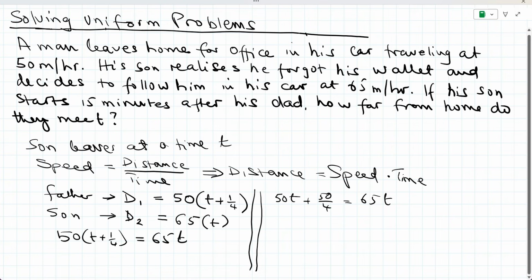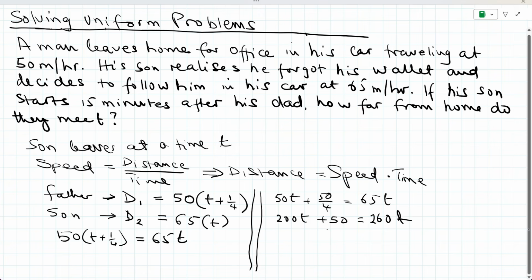So we can then get rid of the denominator here by multiplying everywhere by 4. So this will be 200t plus 50 will equal 260t.